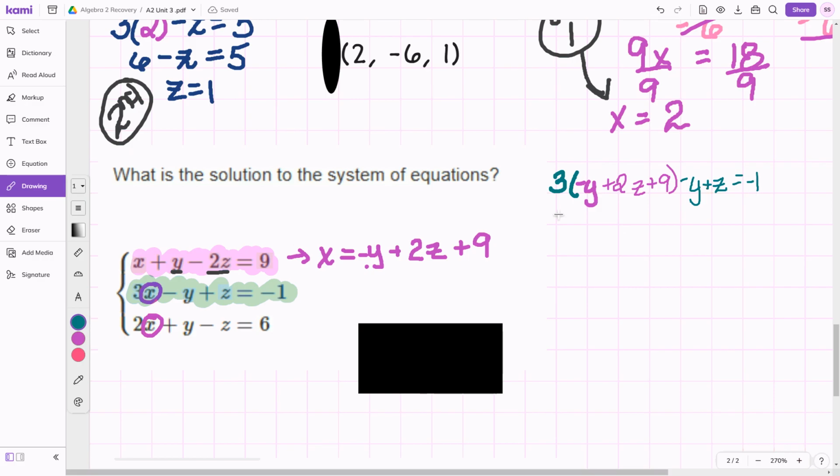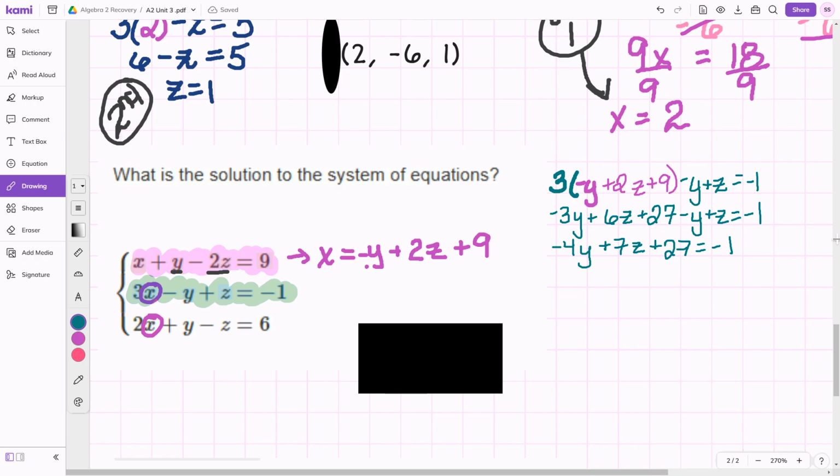I'll go ahead and simplify this. Take your time, make sure you don't mess up anything. I'm always missing a variable, especially our positive and negatives. It's got a lot of things going on. Minus 4y plus 7z plus 27 equals negative 1.